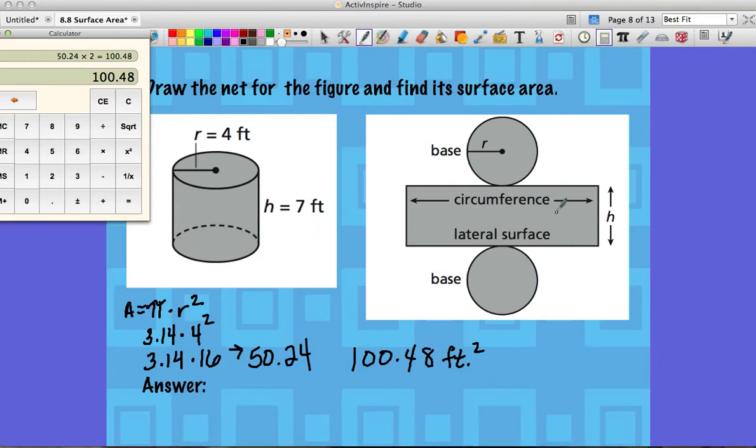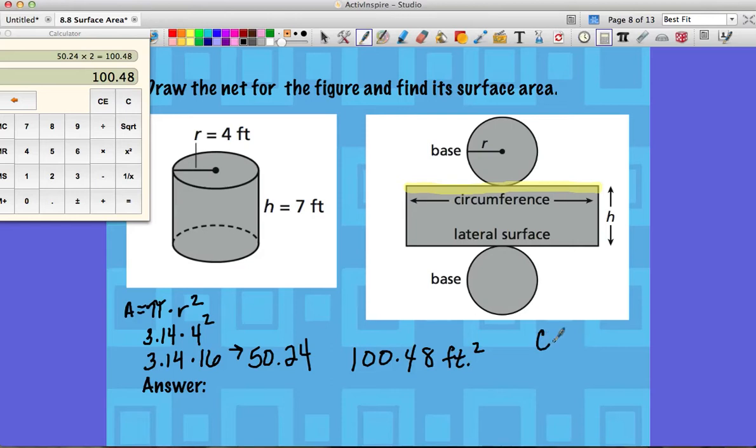Now, this is where it gets a little difficult because in order to find the length of your rectangle, you have to find the circumference of the circle. The reason being, this soup can label wraps around the lid of the soup can. So if you want to find this distance, you have to find the circumference of the circle. So we're not quite done with the circle yet.